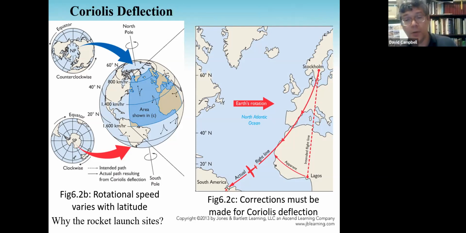Passengers probably wouldn't be too happy about this. This is because while the plane is flying south, the Earth is turning under the plane. And so from the point of view of us standing on the Earth, the plane appears to go off sideways from where it should be going.